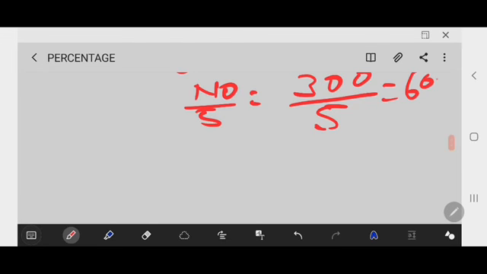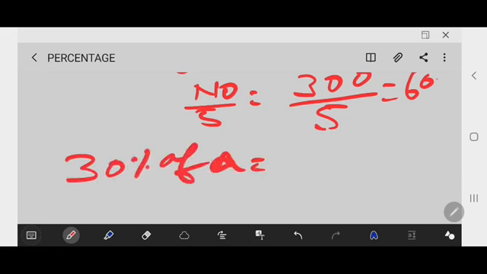The next question is, if 30% of A is 60, then find the value of A. 30% of A is equal to 60.